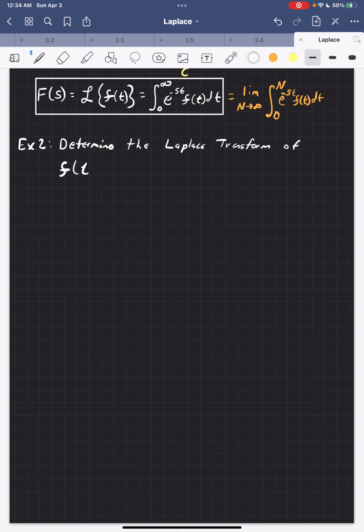Let's say f of t is equal to e to the at, and let's go ahead and say a is just some constant. So obviously a non-zero constant.